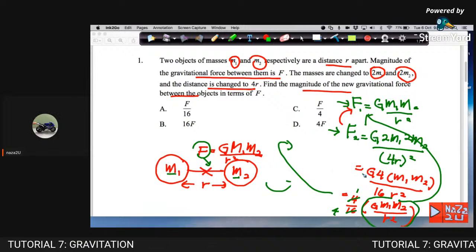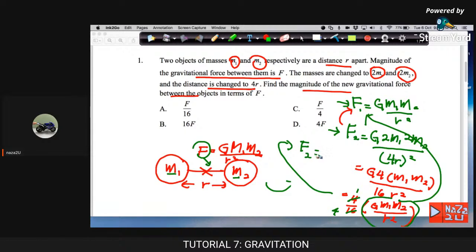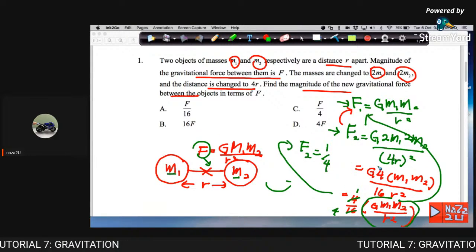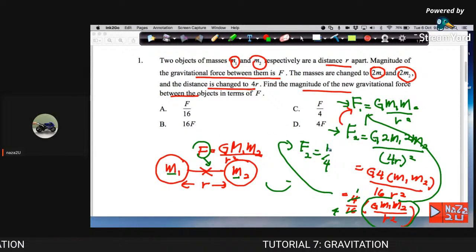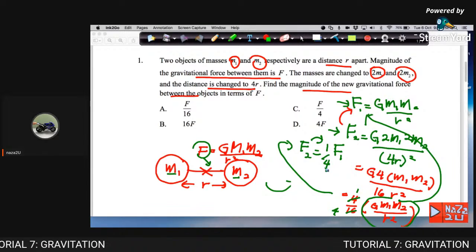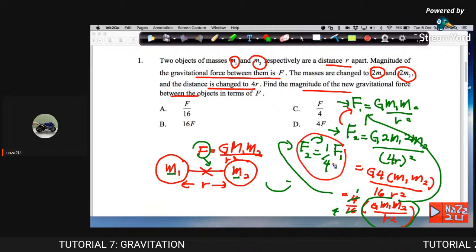Jadi F2 kita sekarang ni, our new force is 1/4 and this is equal to F1. So F2 is equal to F1/4. The new force here is F1/4.